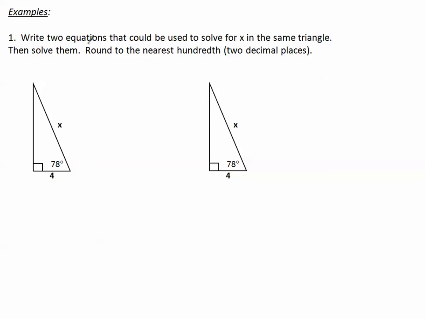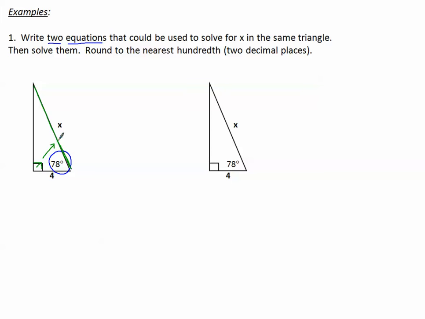Write two equations that could be used to solve for x in the same triangle. Now, it looks like I gave you two triangles, but really, I just want you to be able to label them differently. So in the first triangle, we're going to look from this acute angle and label the appropriate sides. First, we use our right angle as an arrow to point to the hypotenuse.